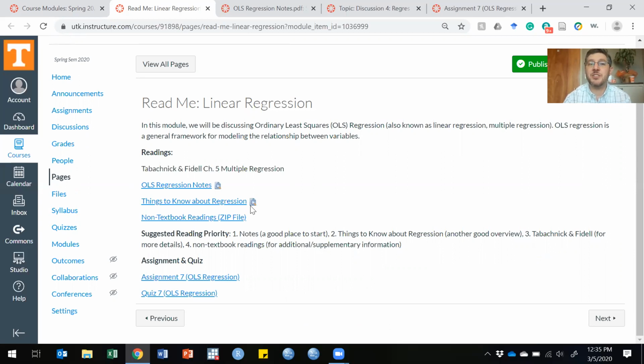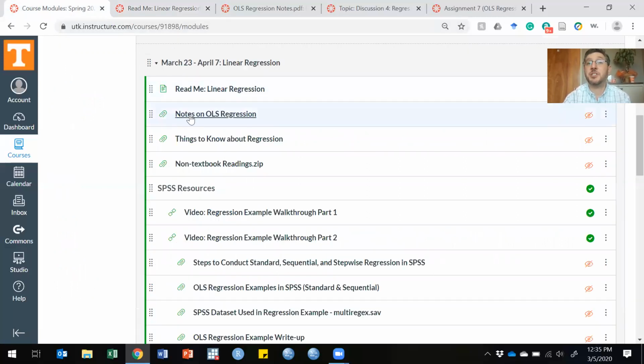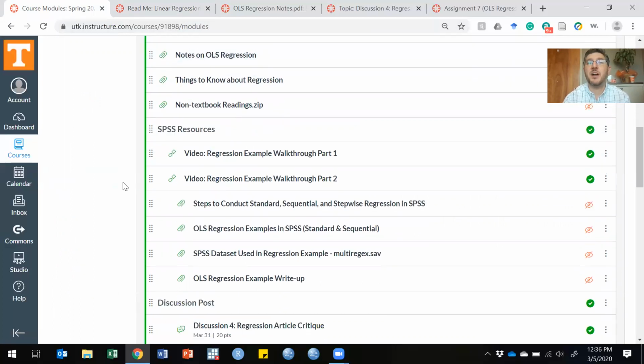And then there are a few other additional readings, if you need some supplementary information, that I've supplied as well. You can download those in a zip file here. You can also link to my notes on the main page and a link to the things to know about regression on the main page as well.